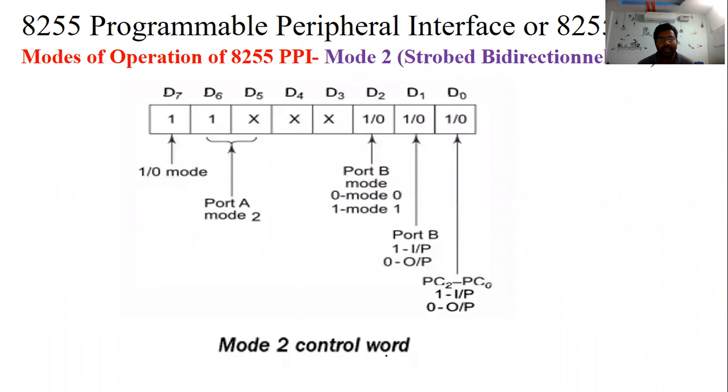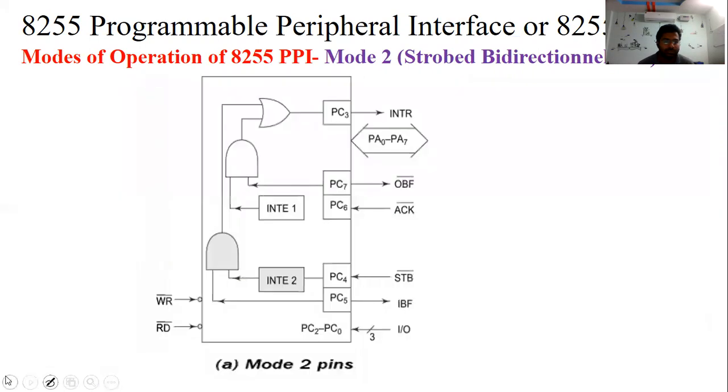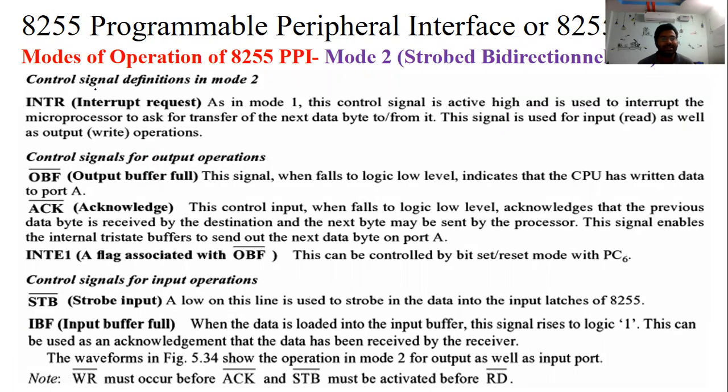Now see this is the control word register. You must remember this one. So what are the signals? The output signals: OBF, the output buffer full, nothing but the output operation, here CPU to the 8255 to the device.